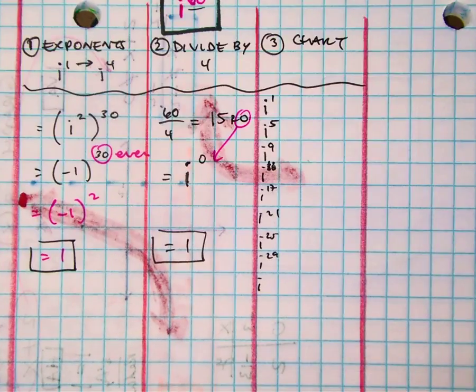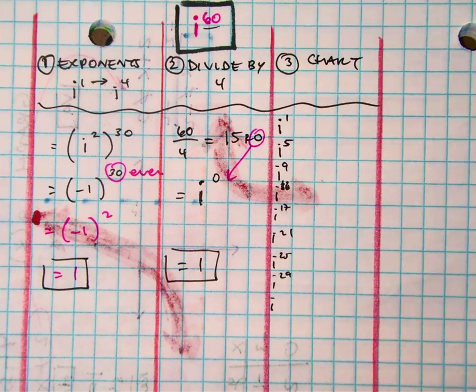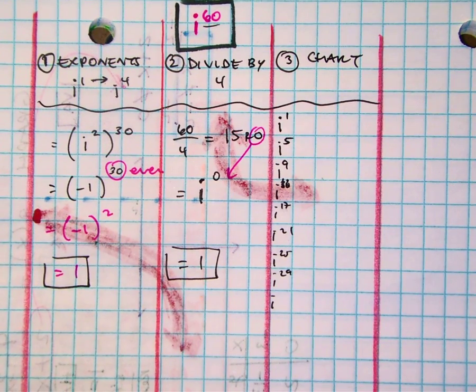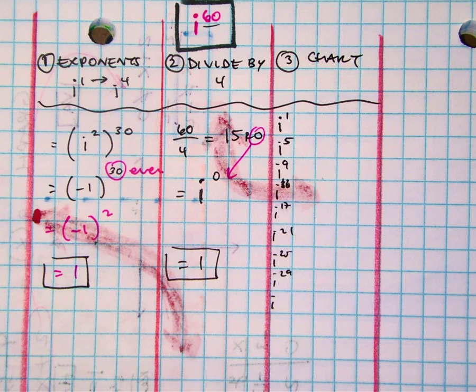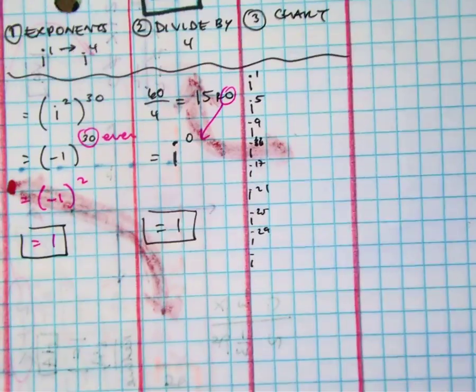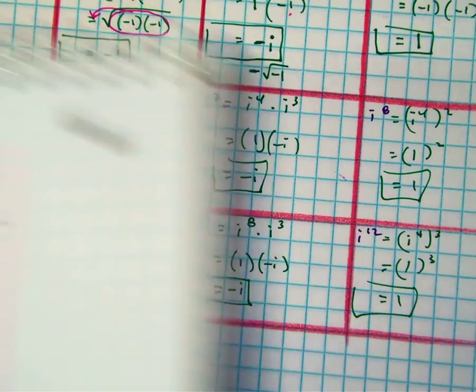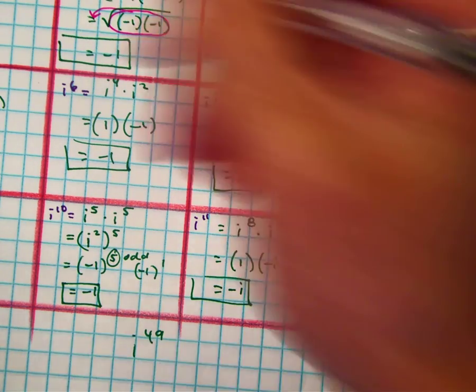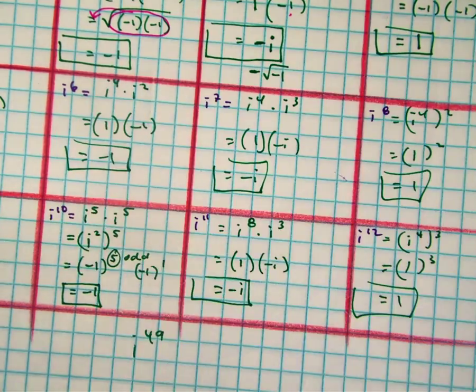And the last method, which a lot of students like to use, you could just use our chart. Because in our chart, find it, chart, oh my God. If I use my chart, I notice that I'm counting by 4s.